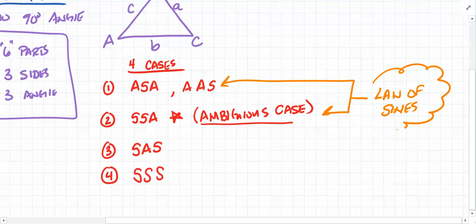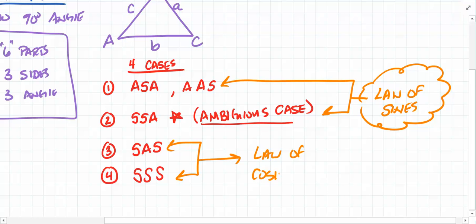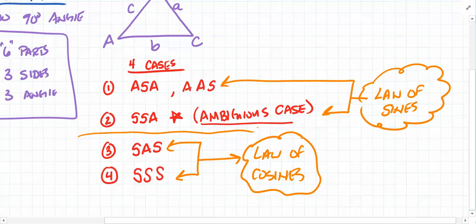So today our focus is going to be on solving these top 2. Now, if you are given side, angle, side, or side, side, side, you use what's called the law of cosines. So that's what I'll get to next week. But today our focus is going to be on the top 2 cases, with the ambiguous case being a special case of the law of sines.